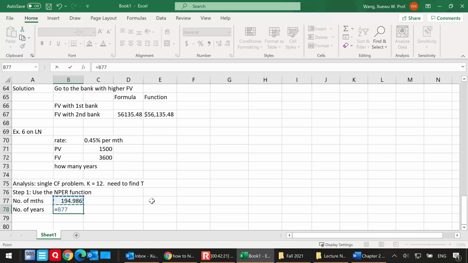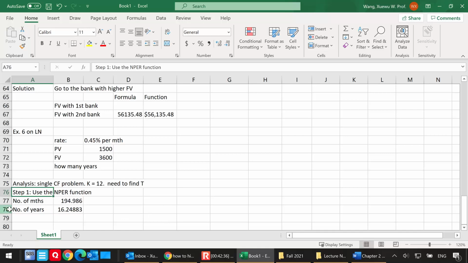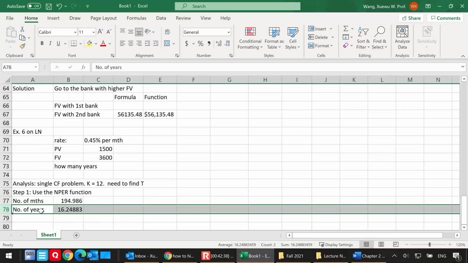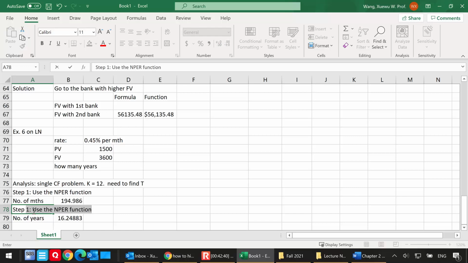So I have 194 months, so I can just divide it by 12 to get years. That's 16.24 or 25 years. All right, so that's actually my step number 2. All right, step number 1, use the NPER function, and I should actually slow down here a little bit. Step number 2, convert into number of years.